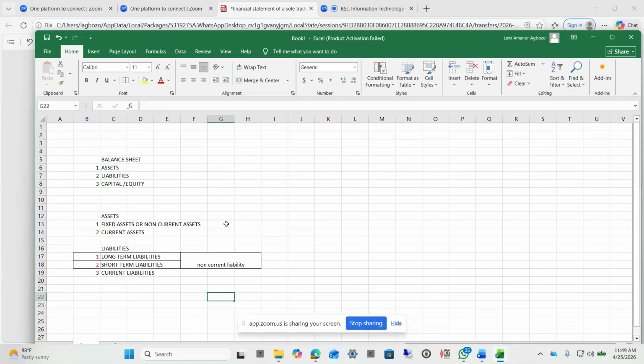An example is your goodwill. When we say goodwill, it is the good name of some company or the premium on that company.